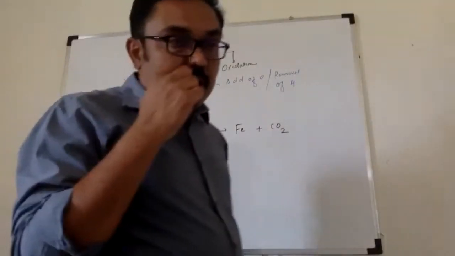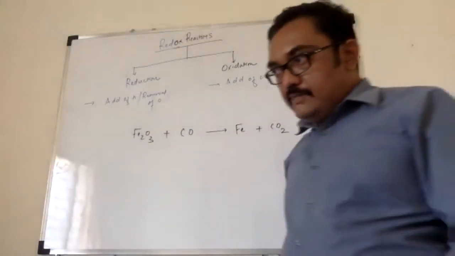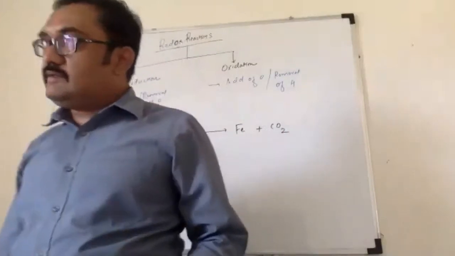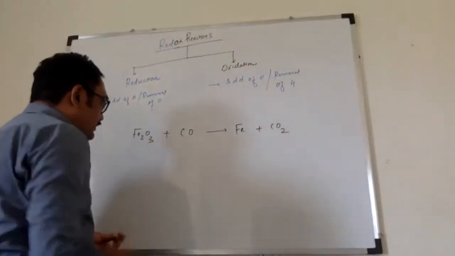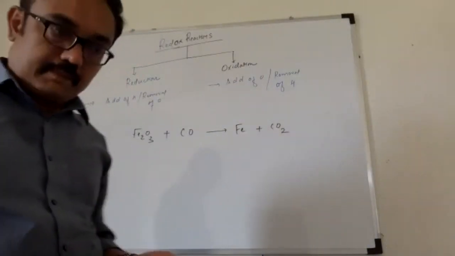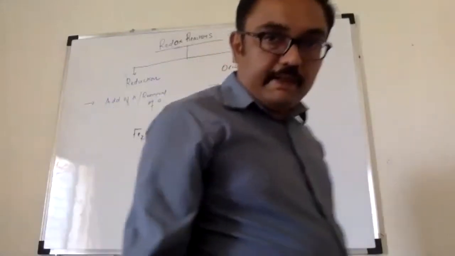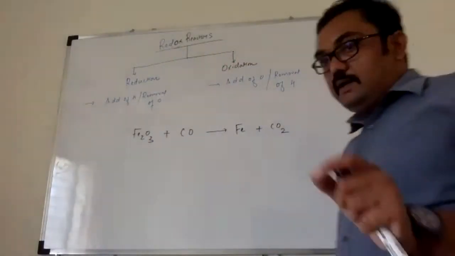Now the one which undergoes oxidation is a reducing agent, and the one which undergoes reduction is an oxidizing agent. So this one is oxidizing, and the CO is a reducing agent. I hope it is clear to everybody. Yes, sir. So you got the first definition.